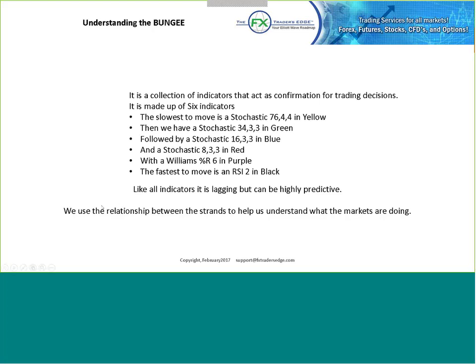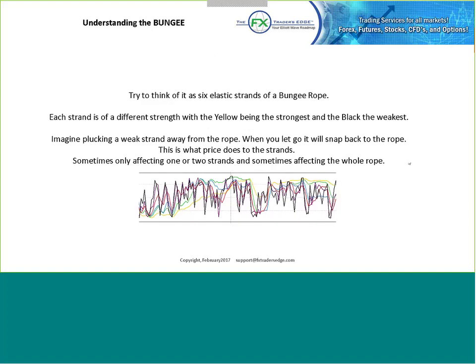And to make sense of it, we have to use the relationship between the bungee strands to see what the markets are actually doing. Okay. It helps if you can think of the bungee literally as a bungee rope with 6 separate strands of elastic.